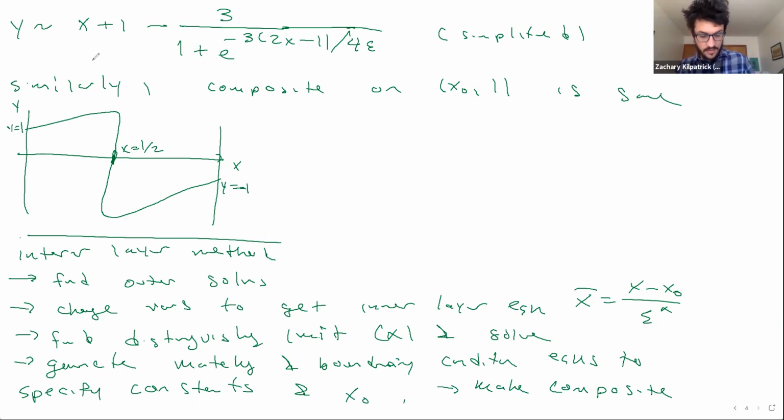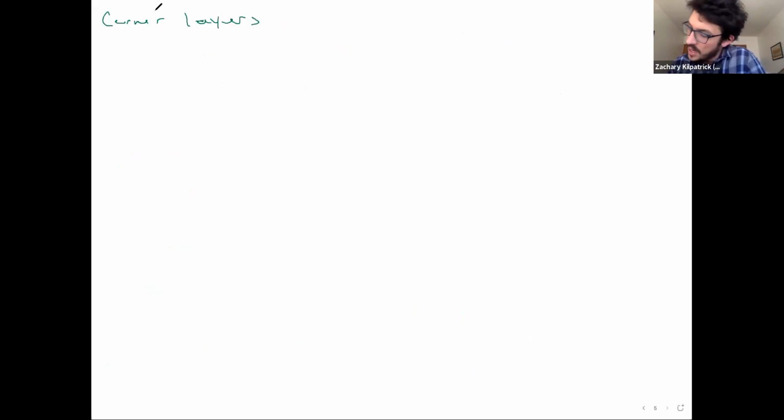All right. Corner layers. I think we can go through corner layers and then we'll be done for today. Let me talk about corner layer problems now. They're really not that different from interior layer problems.